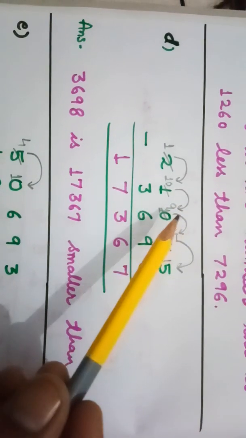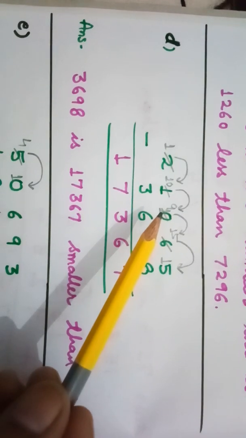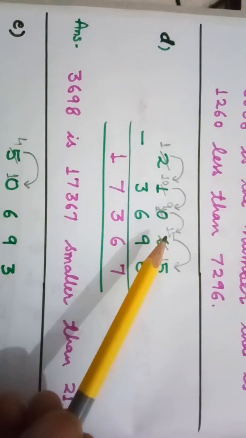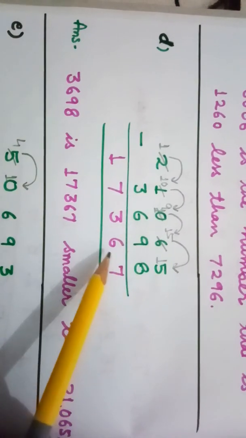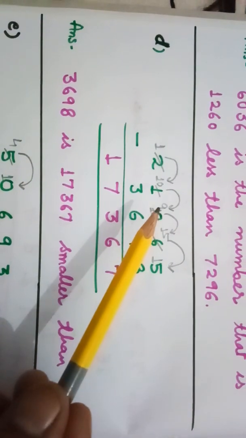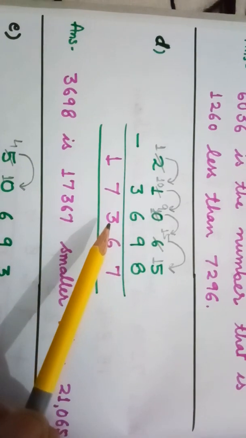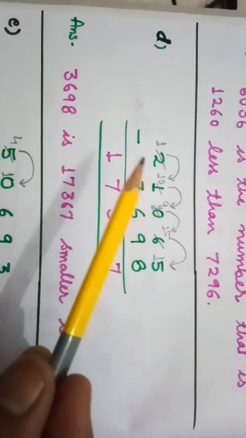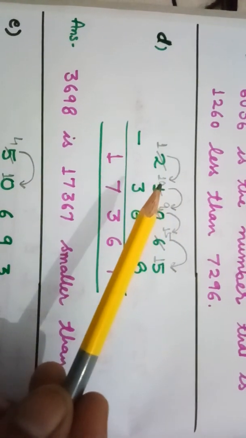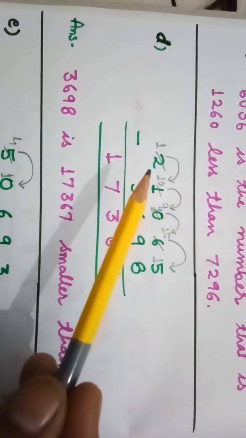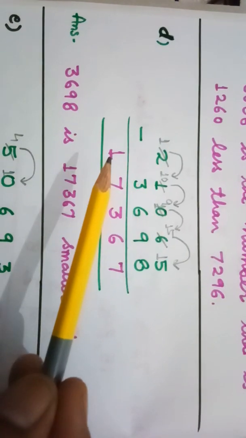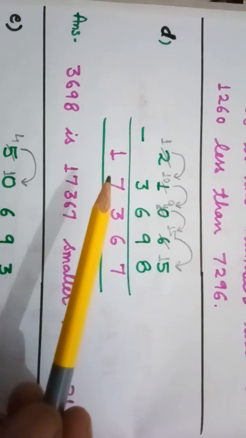So it will become 10, and now it will give 1 ten to 5. So 5 will become 15. 15 minus 9 is 6, and now it is 9. 9 minus 6 is 3, and it is 0. So 0 will get 1 ten from 2. So 10 minus 3 is 7, and 1 minus 0 is 1.